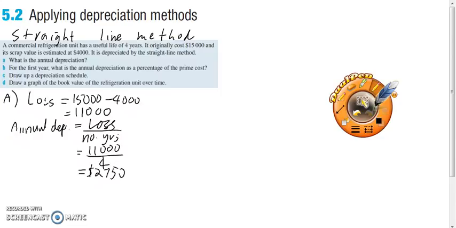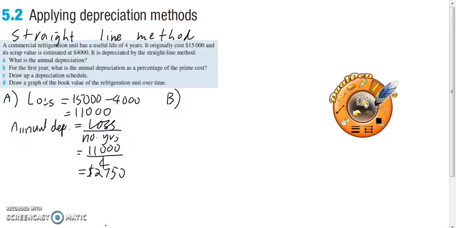Okay? Now, when we're looking at the second one, it says, for the first year, what is the annual depreciation as a percentage of the prime cost? Now, the prime cost is how much it started with. Now, when you're talking percentage formulas, it keeps changing all the time, but basically, it's the thing you're interested in divided by the original value.